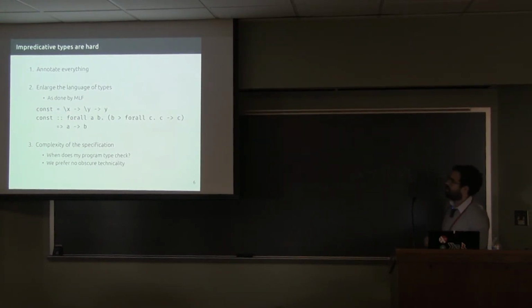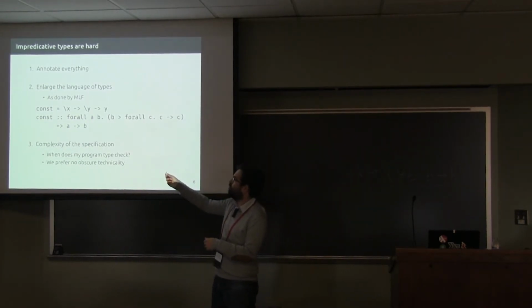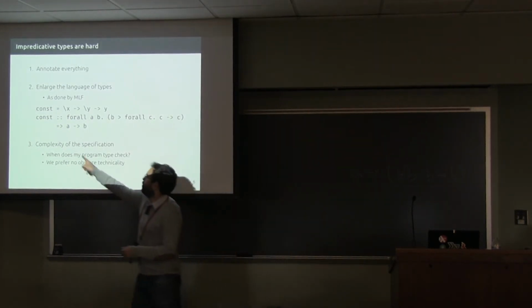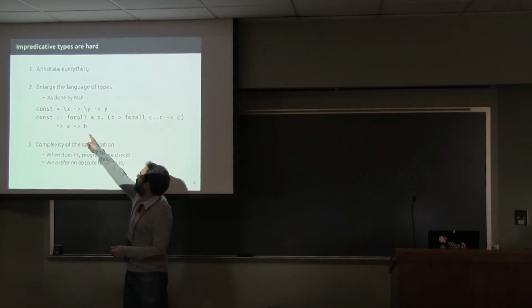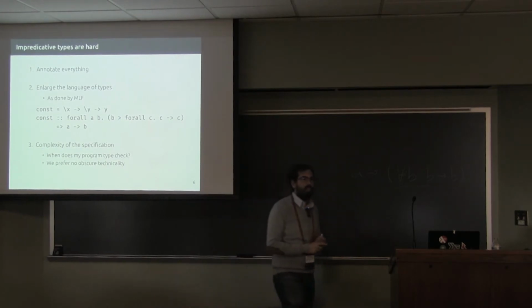So MLF takes everything in which you can choose again and puts it with this greater-than thing. So the type of const here is actually: you give me an a and I will give you a b, and by the way, you can turn the b into this for all c, c to c.